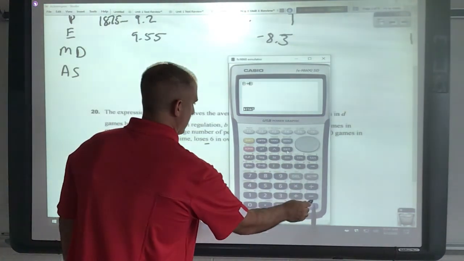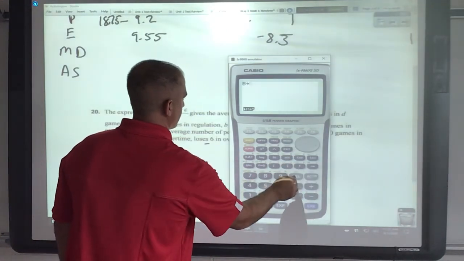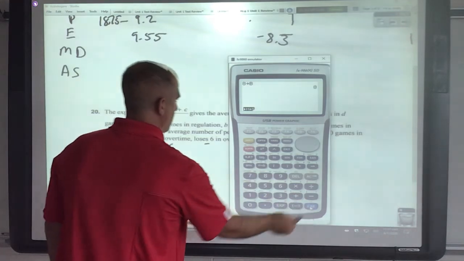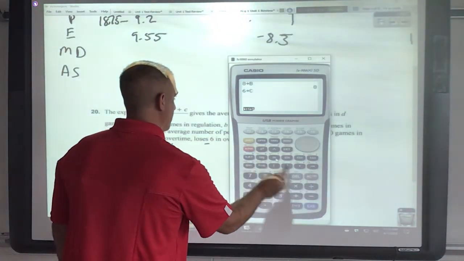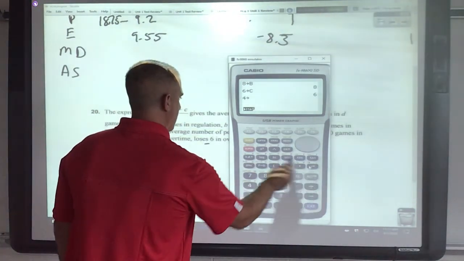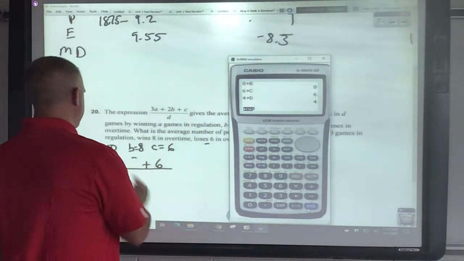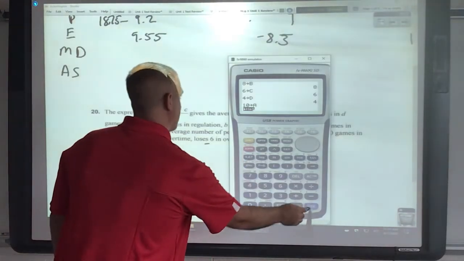Just going to hit execute there. 8, arrow, alpha B. C is 6, arrow, alpha C. And then D is 4, arrow, alpha D. Let me just make sure I put A in there: 10, arrow, alpha A. Just so I got everything in there.